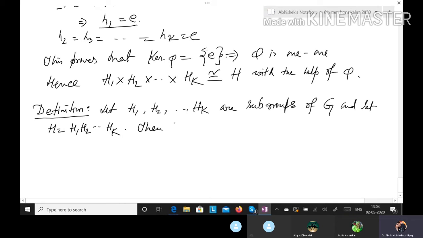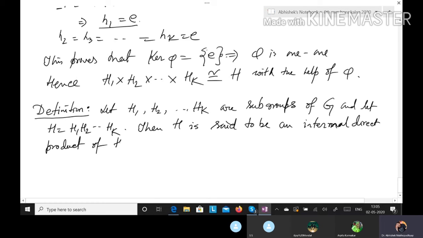Then this H is said to be an internal direct product of H1, H2, Hk if one of the statements in the above theorem holds.